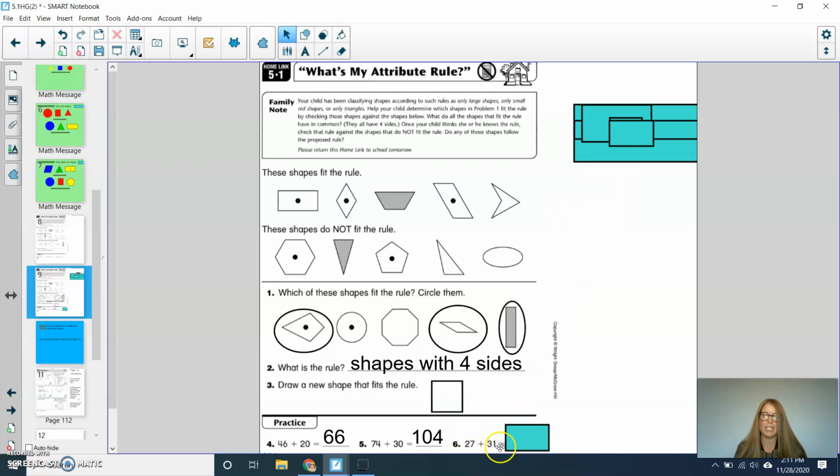And then for 27 plus 31, I'm going to start with doing 27 plus 30. So if I add 10, I would have 37, 20 would be 47, adding 30 would bring me to 57, and then I have to add one more, so my answer would be 58. If you have any of those wrong, please fix your mistakes before moving on to math boxes.